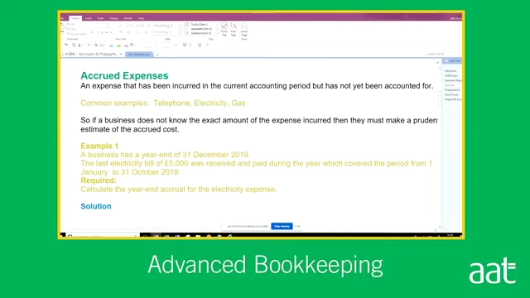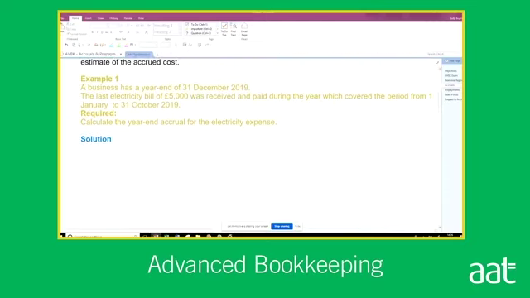So let's have a look at example 1. We have a business which has a year end of the 31st December 2019. Remember, the examiner's report says that we're not very good at determining how many months we need to accrue or prepay for, and the key thing is what is the financial year end date. So we know we're looking at the 31st of December.